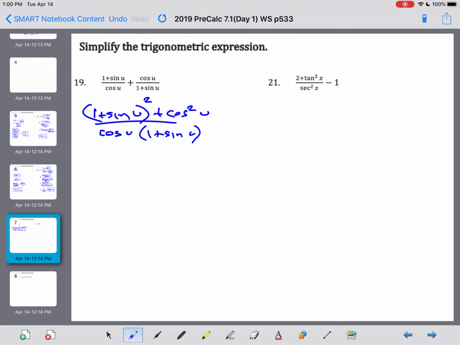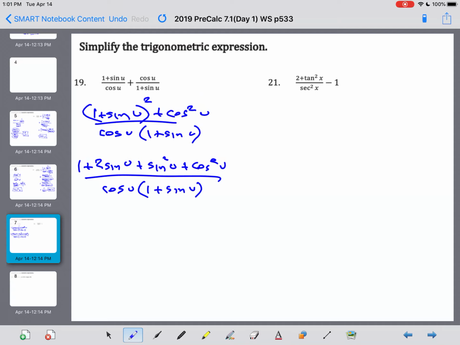Well, let's expand that top. So get 1 plus 2 sine u plus sine squared u plus cosine squared u over this denominator that hasn't changed. I'm just going to leave it in factored form.